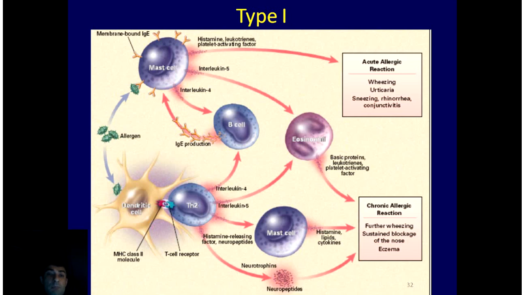After this, they may stay bound on the surface of mast cells for weeks, maybe months, and wait for the second exposure to the allergen. Maybe it will never happen, but most probably, if something happens once, there is a very high probability of it happening again.